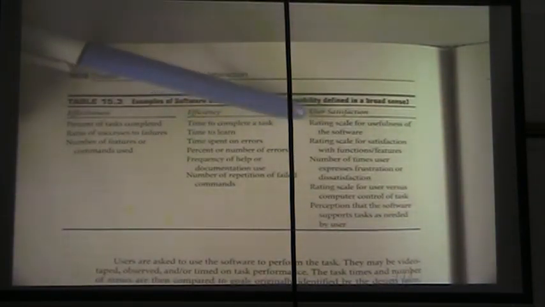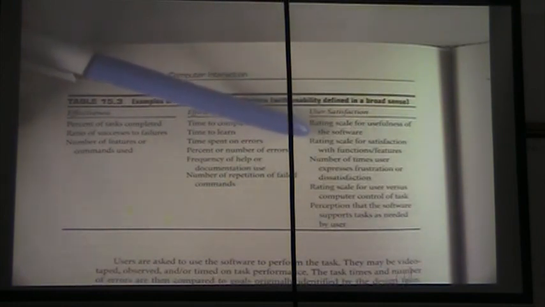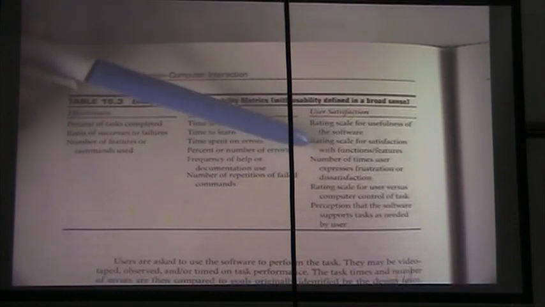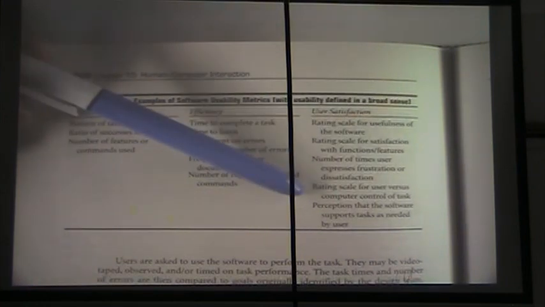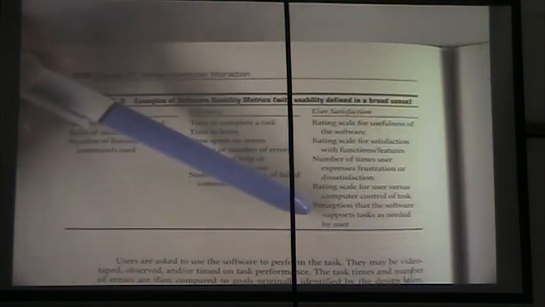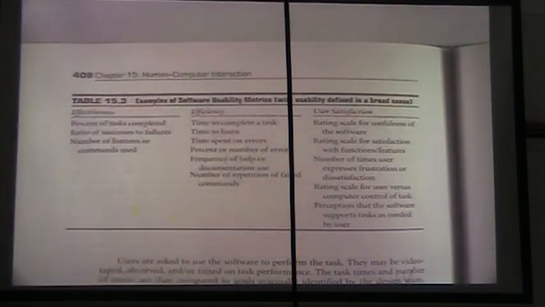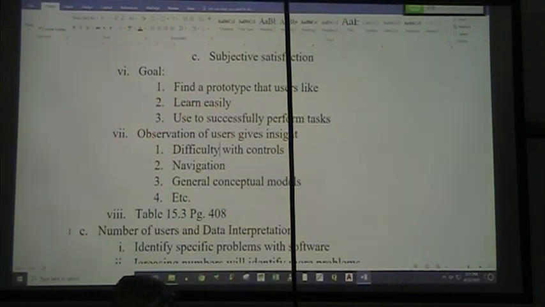For user satisfaction, you can have a rating scale for the usefulness of the software, a rating scale for satisfaction with the functions and features, the number of times the user expresses frustration or dissatisfaction, the rating scale for user versus computer control of tasks, and perception that the software supports tasks as needed by the user. Words to live by.